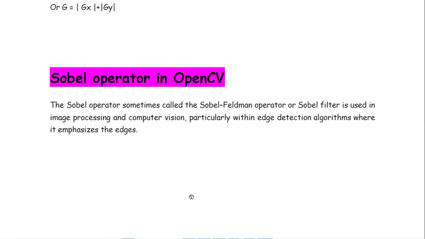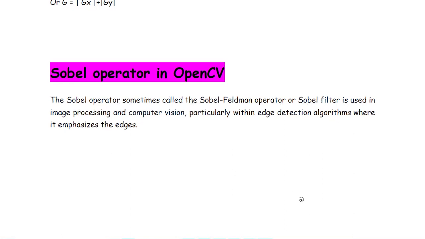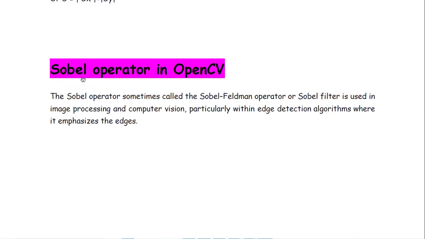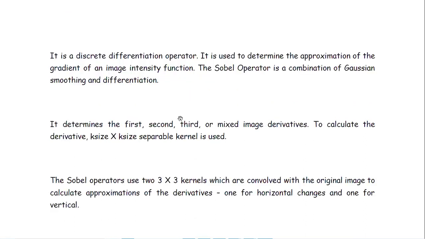Well, in OpenCV, obviously we have functions to calculate the Sobel operator. The Sobel operator is sometimes also called the Sobel-Feldman operator or Sobel filter, right? It is very frequently used; in edge detection, most research papers use this particular Sobel operator to emphasize the edges.